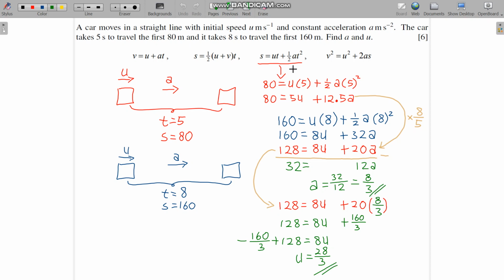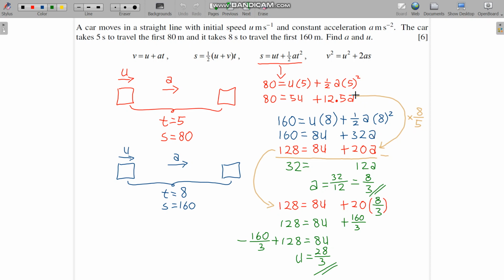We use this formula, s equals ut plus 1 half at squared, plug in everything, and you get an equation in two variables, and the same here, another equation in two variables. We can solve by substitution or elimination.